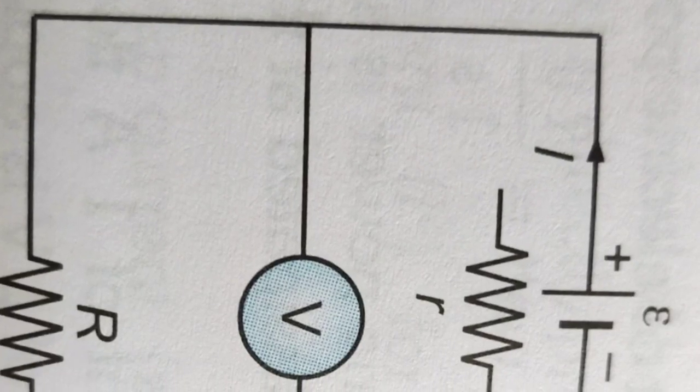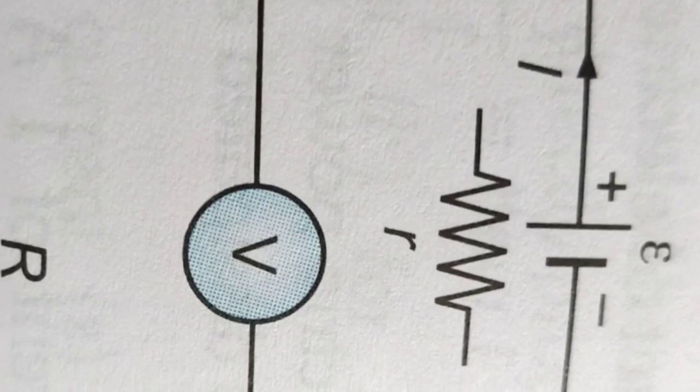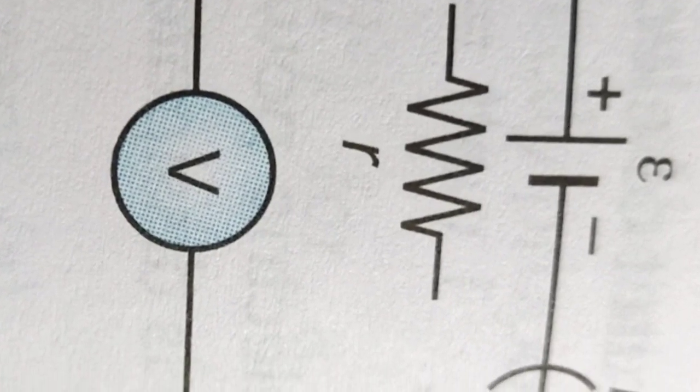Consider a cell of EMF small e and internal resistance small r connected across a conductor of resistance capital R and a key capital K. An ammeter and a voltmeter are also connected across the terminals of the cell. See the figure. Let I be the current in the circuit.